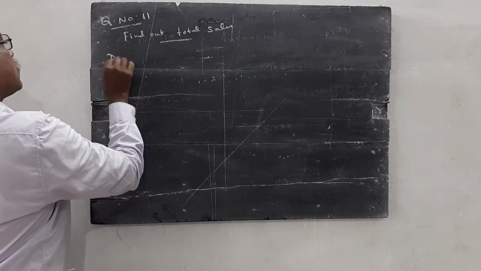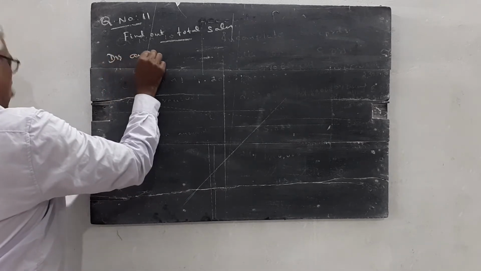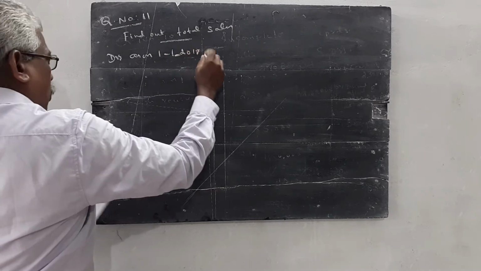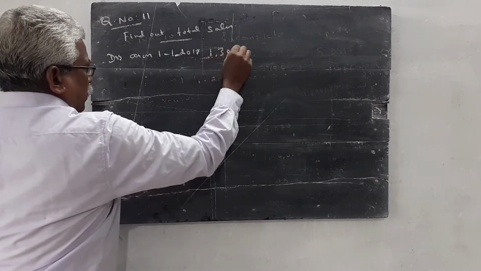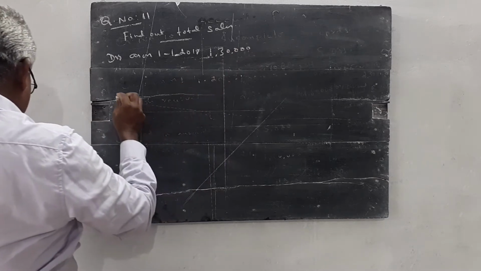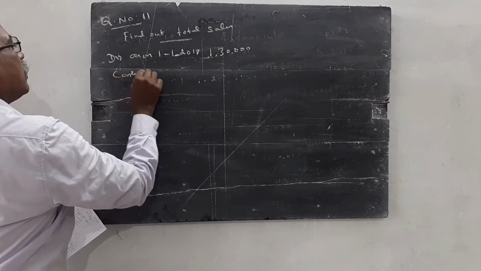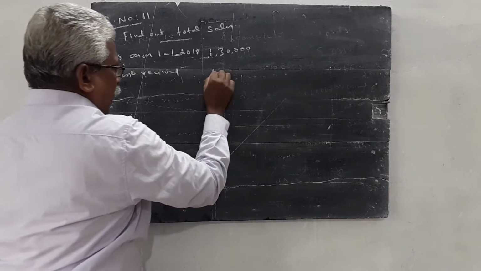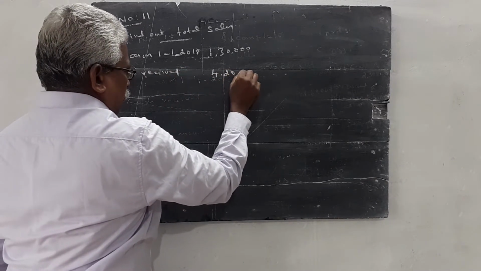Then debtors as on 1/1/2018, rupees 1,30,000. Then cash received from debtors, 4,20,000.